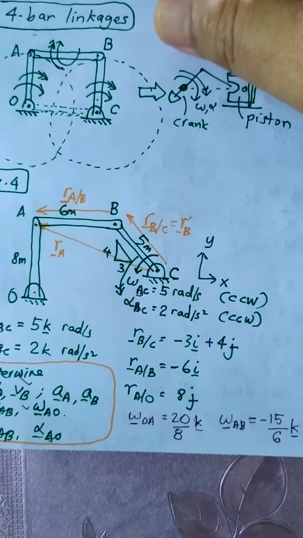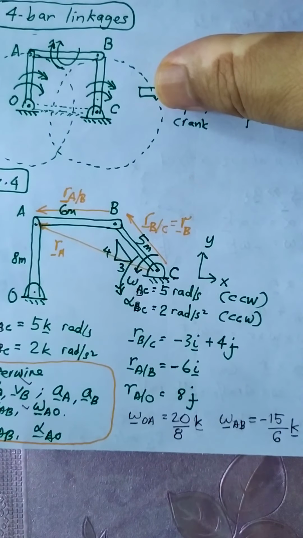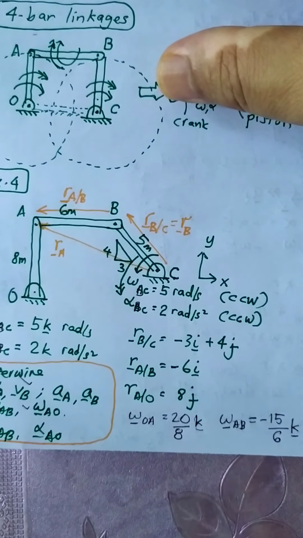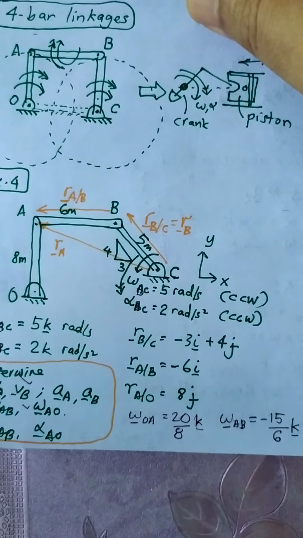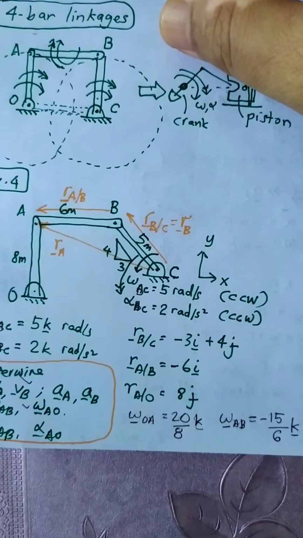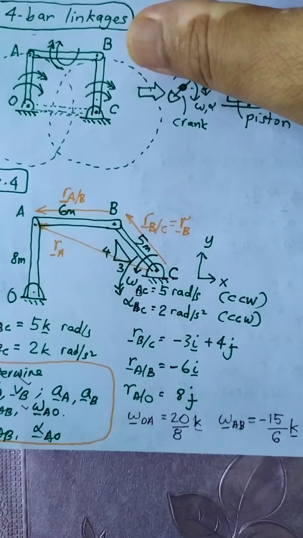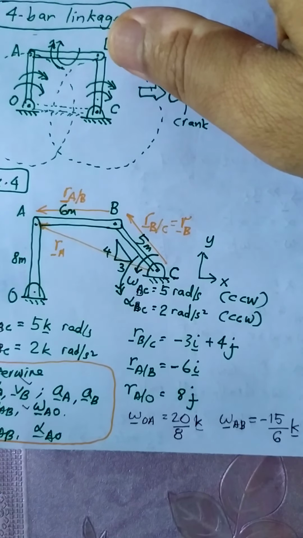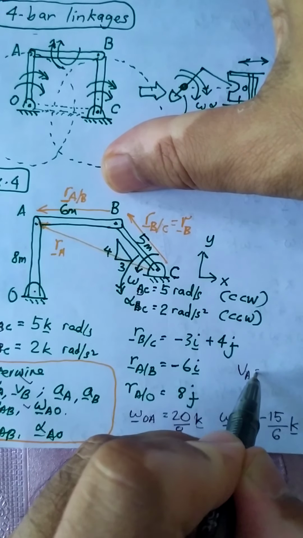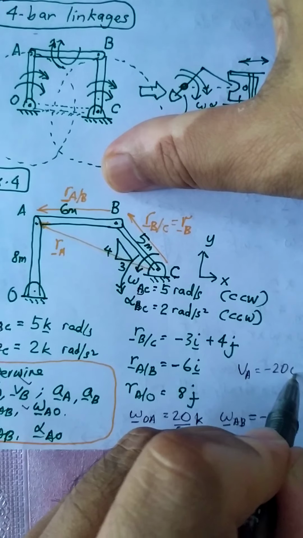And then do we have any other thing we need? I think that's all we need. And then we have VA and VB. Have we got VA? Yeah, VA is minus 20i. Somewhere here we write minus 20i.